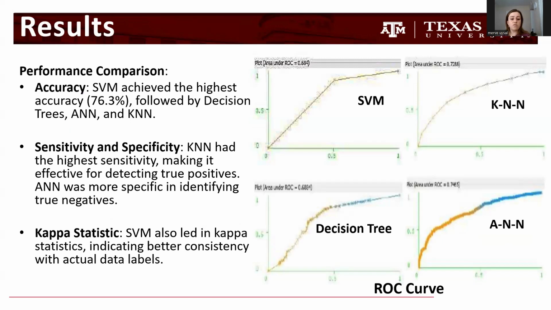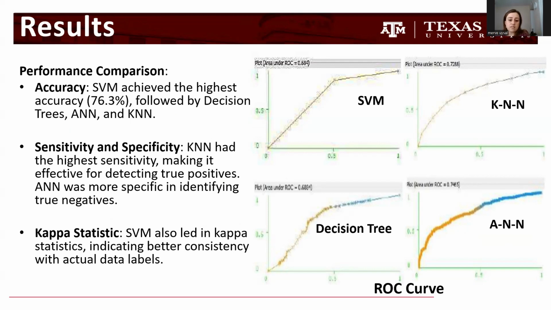Let's look at the performance comparison across the four machine learning methods. The support vector machine achieved the highest accuracy at 76.3%, outperforming decision trees, ANN and KNN.